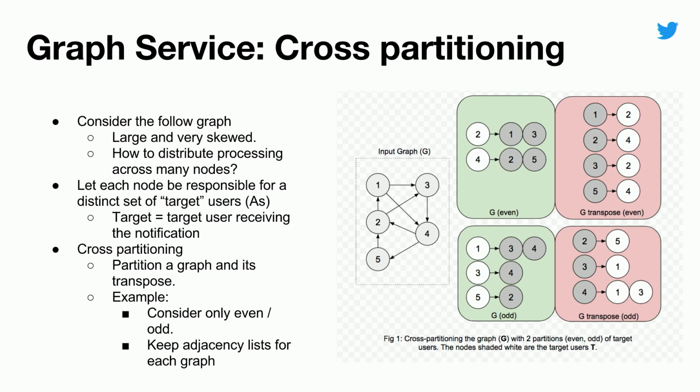So the even partition will keep all the users that are followed by this user, as well as the transpose, which is all the users that follow this user. Does that make sense? Cool. Okay.